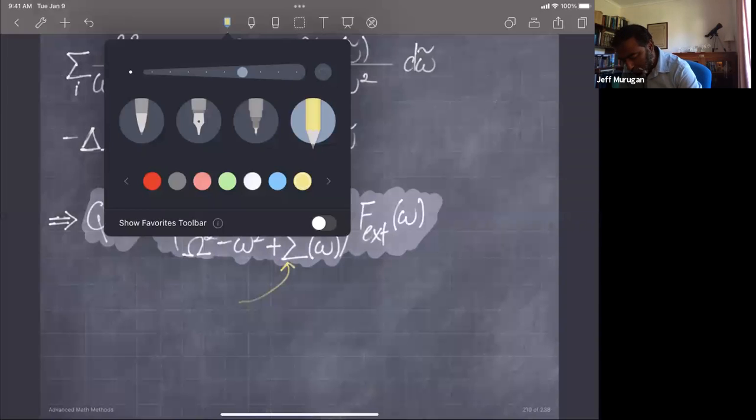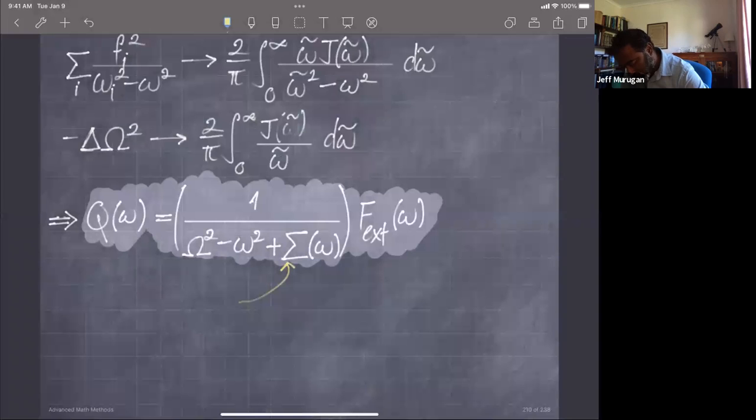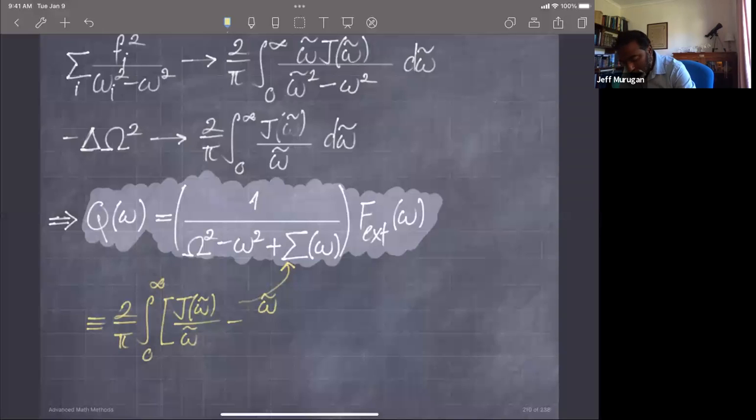is the combination, it's defined as... Sorry, this is horrible. Let me do this better.